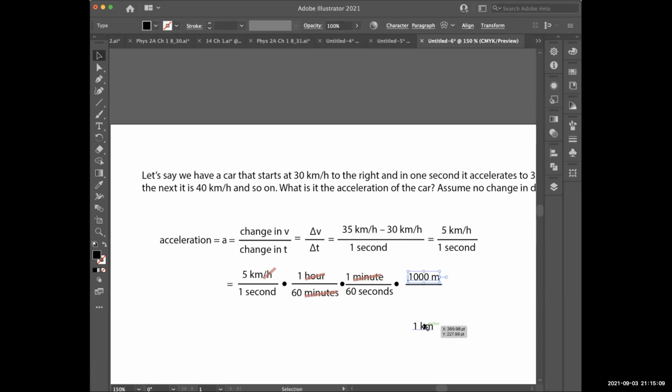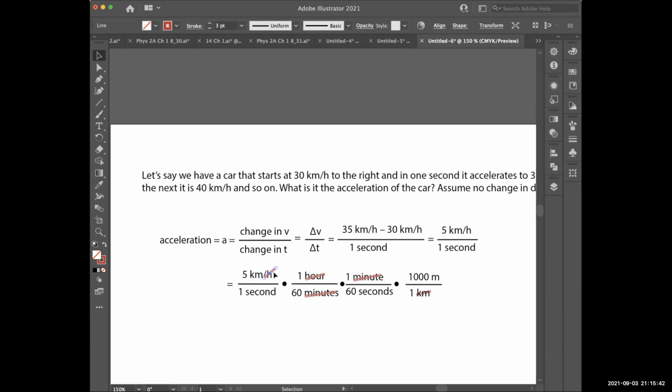There we go. There, that's the right place. So this kilometer is going to cancel out that kilometer. Okay, there we go, canceling this out.